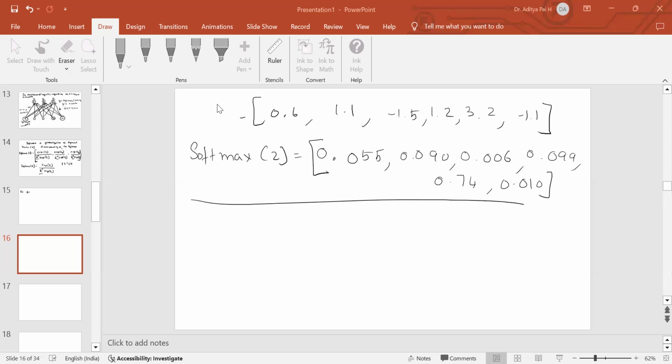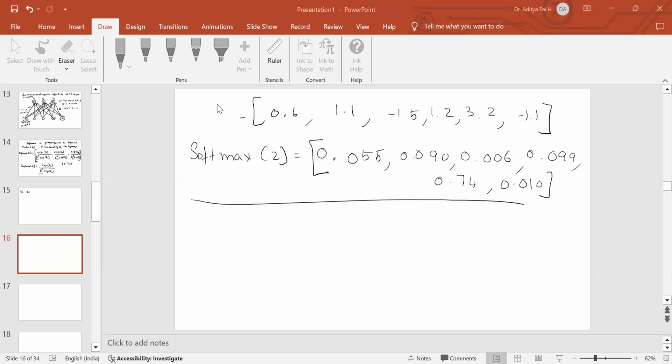Now again, instead of the sigma function, this is all my output layer. I am using the sigma node, but since there are multiple node outputs, I am using a softmax. Softmax activation.